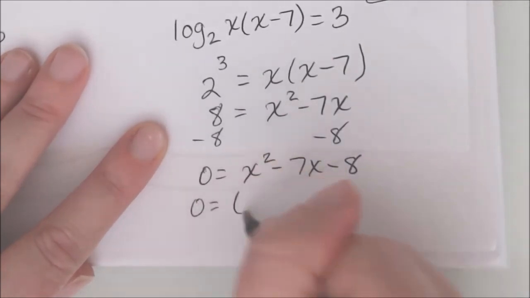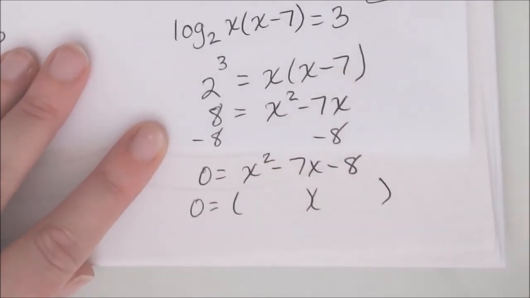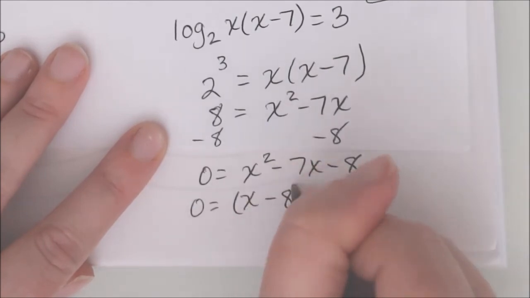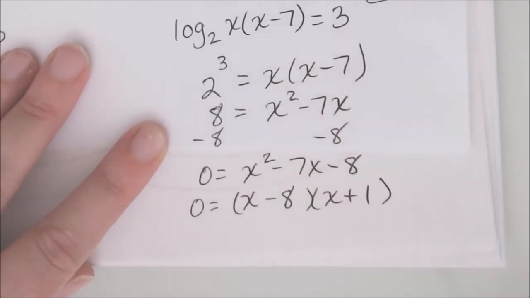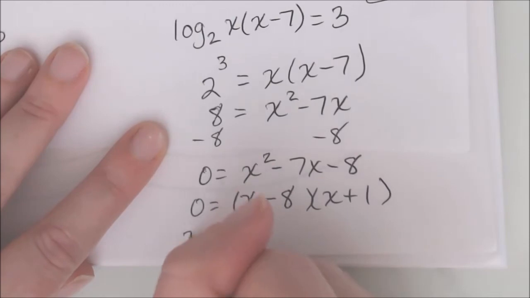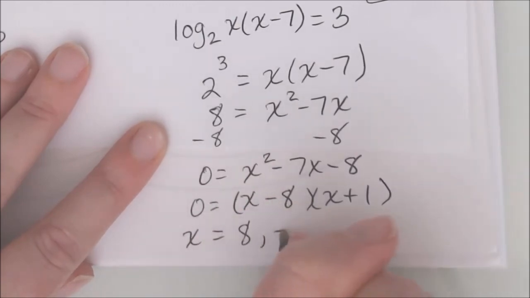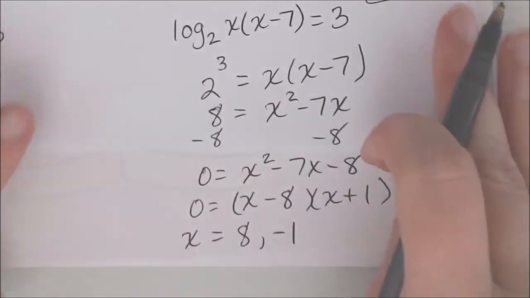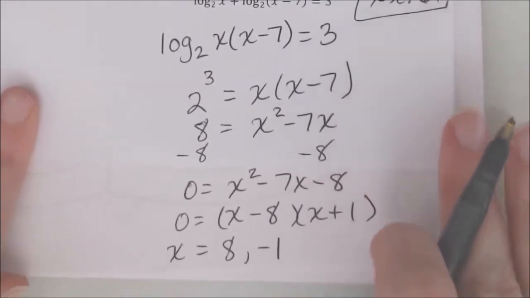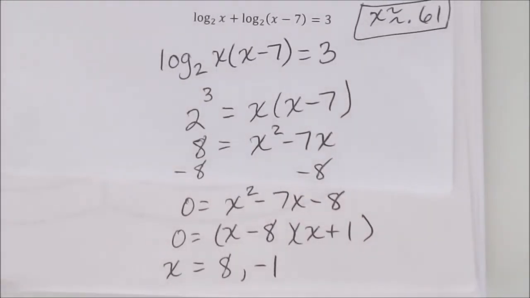And this is another one where we have to factor and use the zero product property. So we get x minus 8 and x plus 1. So when I set those equal to 0, I get solutions of positive 8 and negative 1. Now remember what we said earlier about making sure that you don't get a negative inside the log. Will either of these produce a negative when we plug it inside the argument of the log?